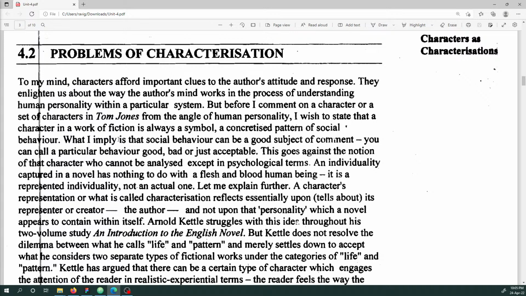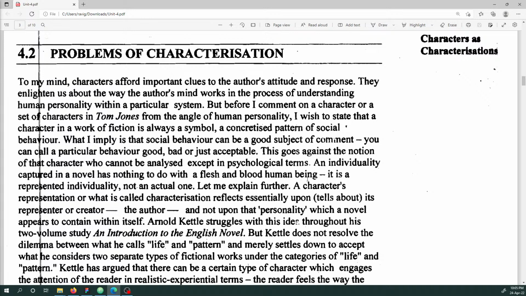What I imply is that social behavior can be a good subject of comment. You can call a particular behavior good, bad, or just acceptable. This goes against the notion of that character who cannot be analyzed except in psychological terms. An individuality captured in a novel has nothing to do with a flesh and blood human being.